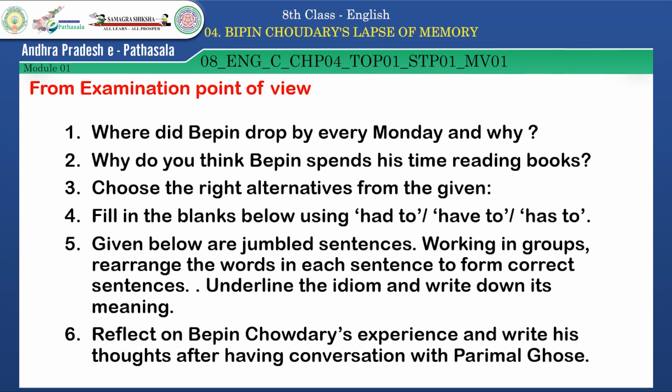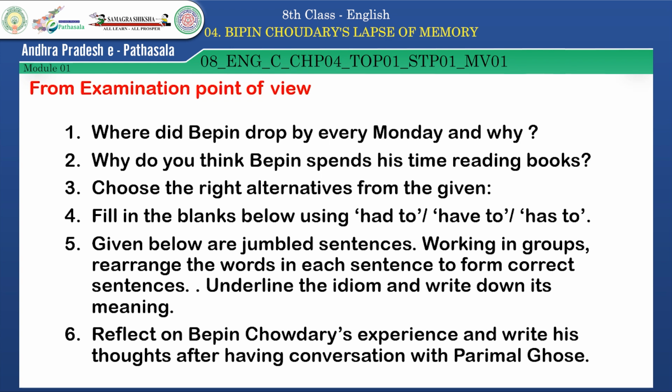Now, from the examination point of view, we have: Where did Bipin drop by every Monday and why? Why do you think Bipin spends his time reading books? Choose the right alternatives from the given. Fill in the blanks below using had to, have to, has to, which we have completed.